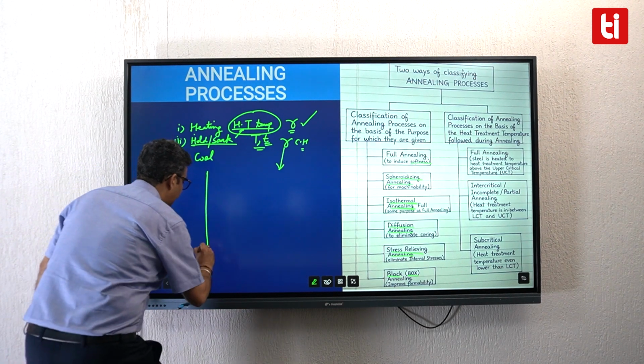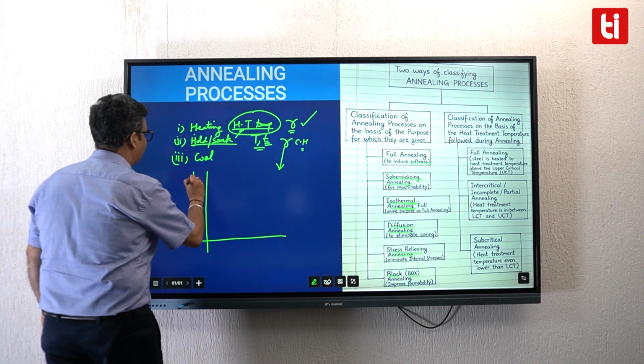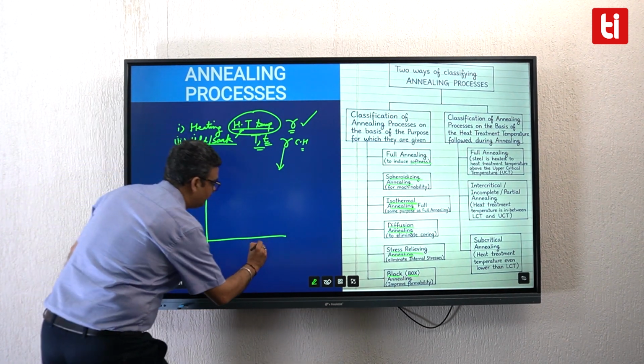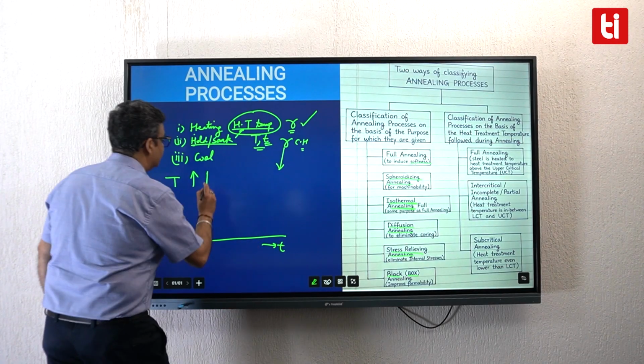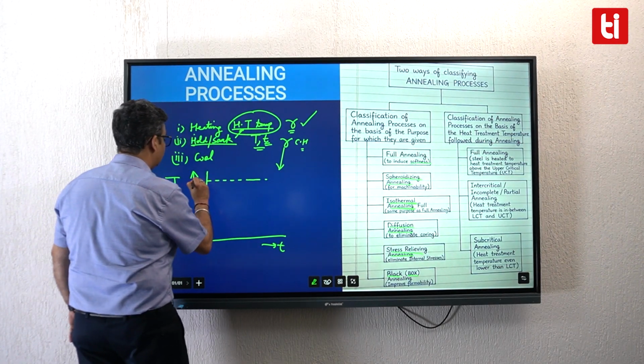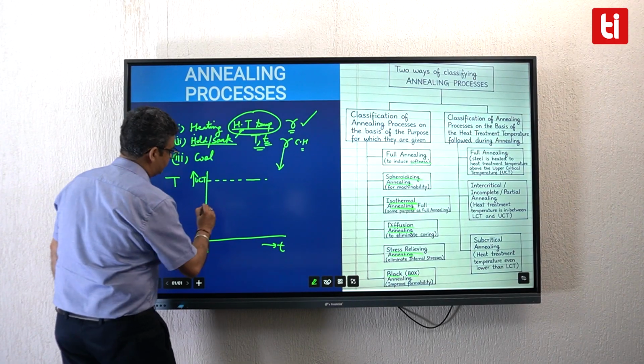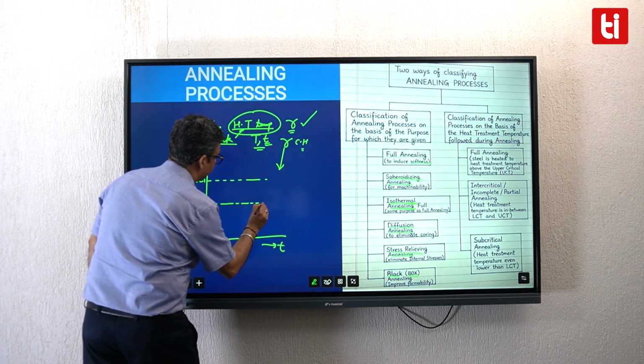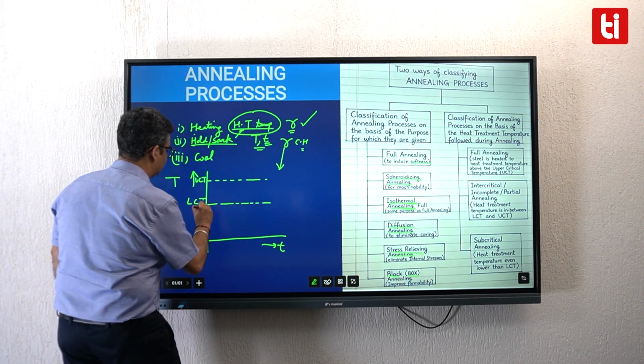Students, if I try to explain with the help of this temperature versus time graph, suppose we have a steel, that steel's upper critical temperature is this, that steel's lower critical temperature is this.